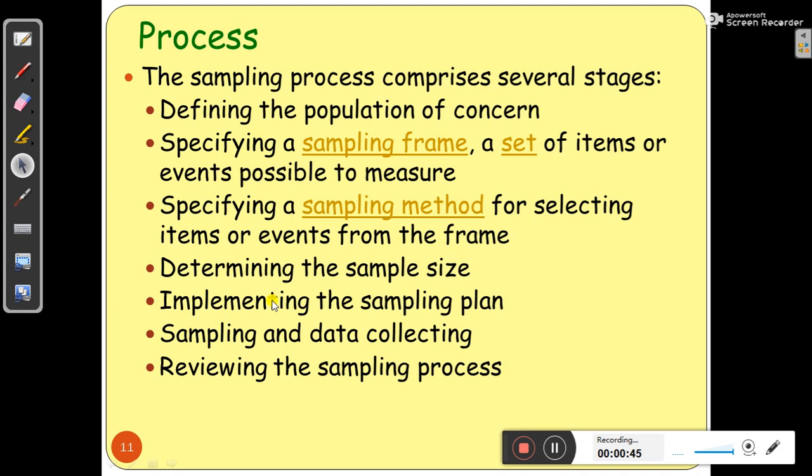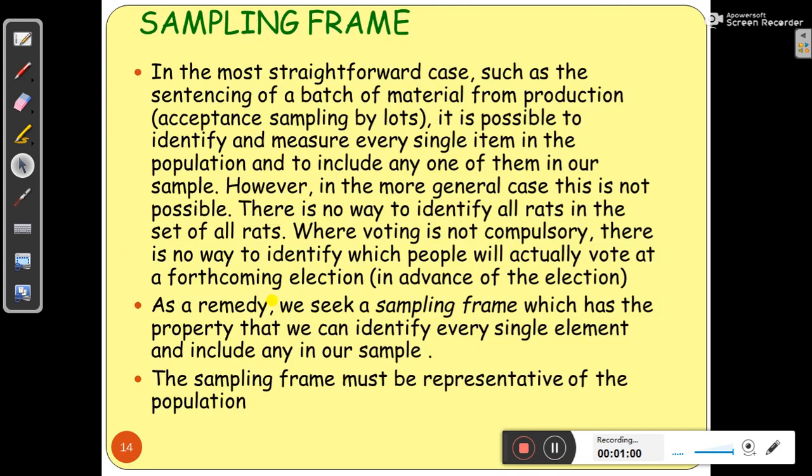Then we need to determine the sample size. After that we have to implement the sampling plan. Then we go for data collecting, and after that we need to review our sampling process.